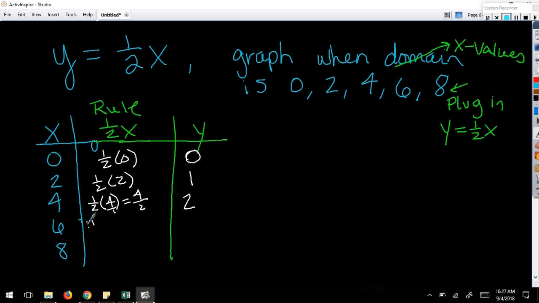Same thing here: if I do 1/2 times 6, it would be 6 over 2, which is 3. The next one will be 4.